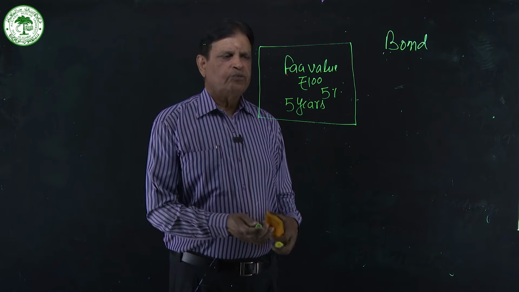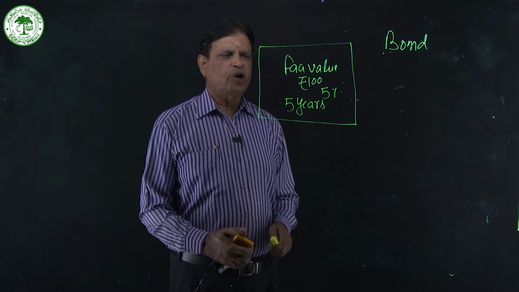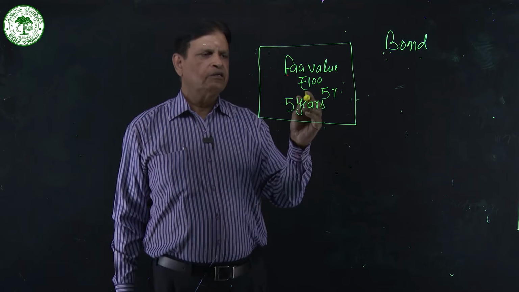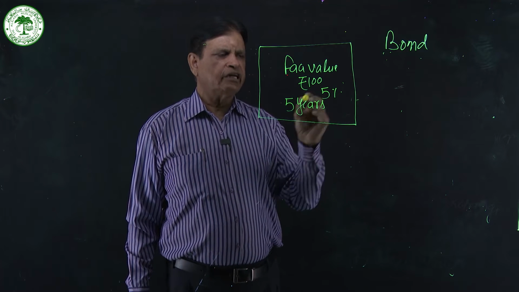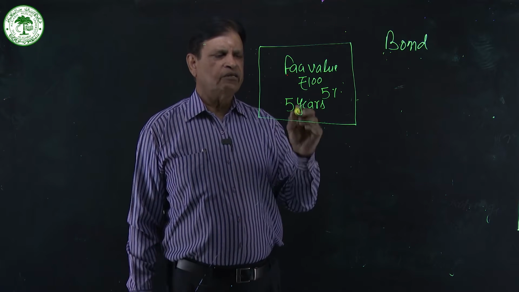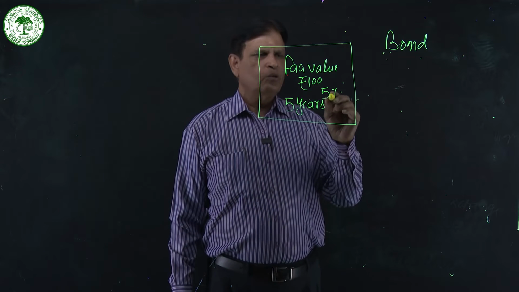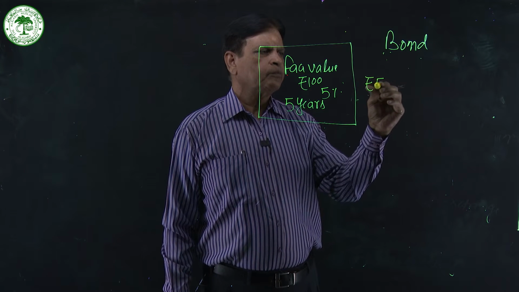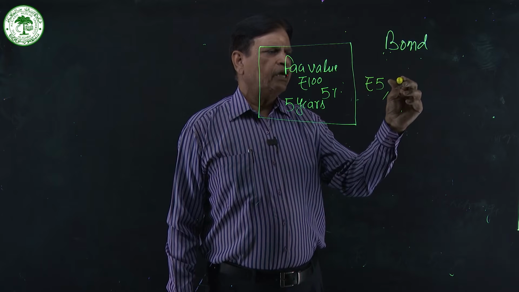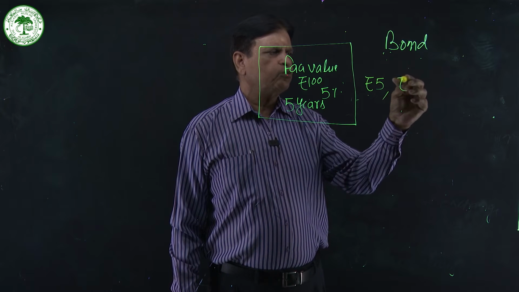So, if someone purchases this bond, then he will get an income at the rate of 5% for 5 years. After the first year, he will get rupees 5 as interest, and after the second year again rupees 5.